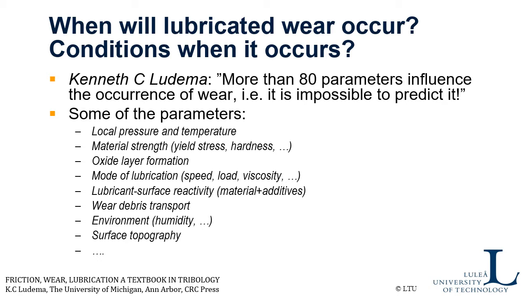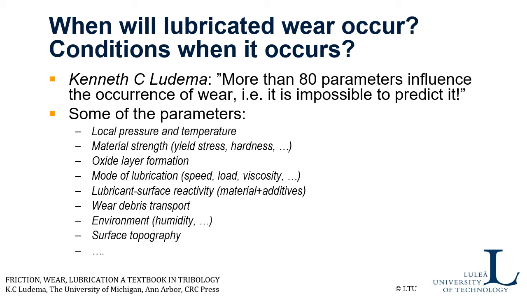But as has been shown over the years, it's very difficult to predict wear in general, and even more difficult in a lubricated contact because you have additional parameters controlling the problem. From Ken Ludema's work, we can see that you may need some 80 parameters or even more to determine the wear, and many of those are very difficult to estimate anyway. So there are no real good simple equations for boundary lubrication yet, I would say.